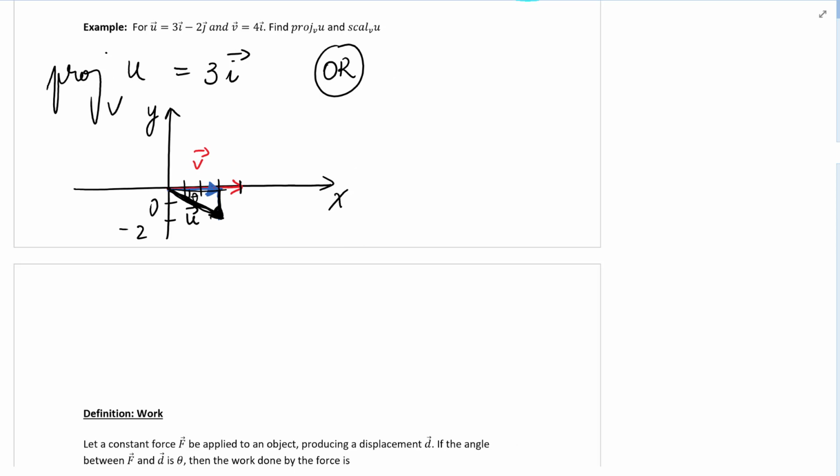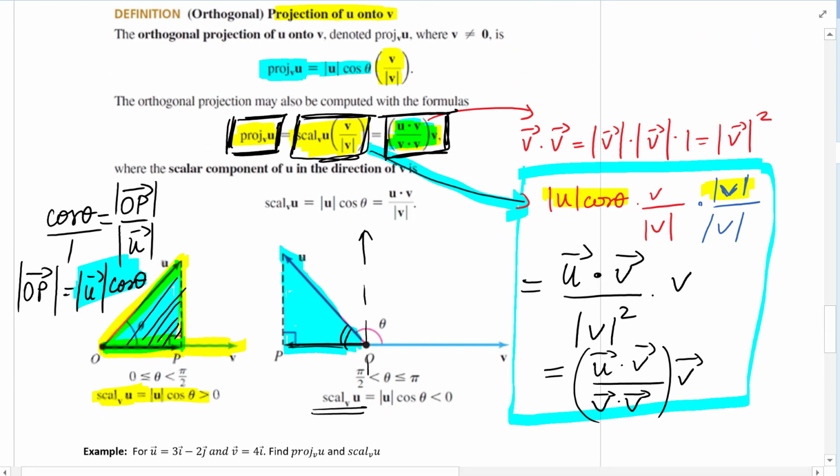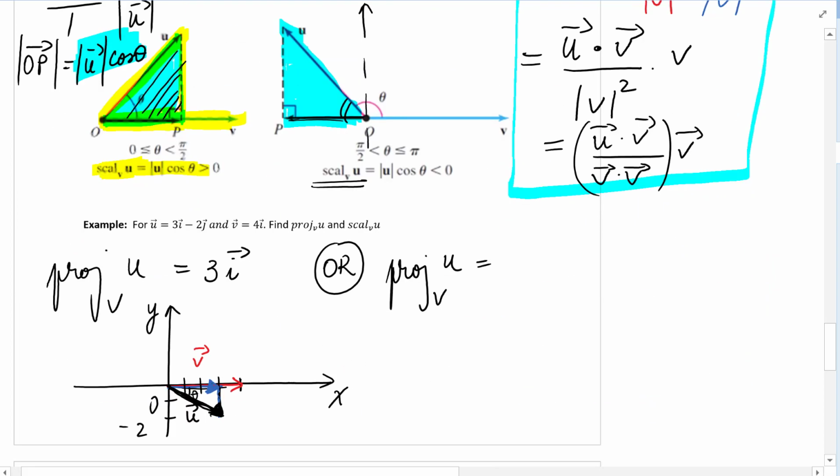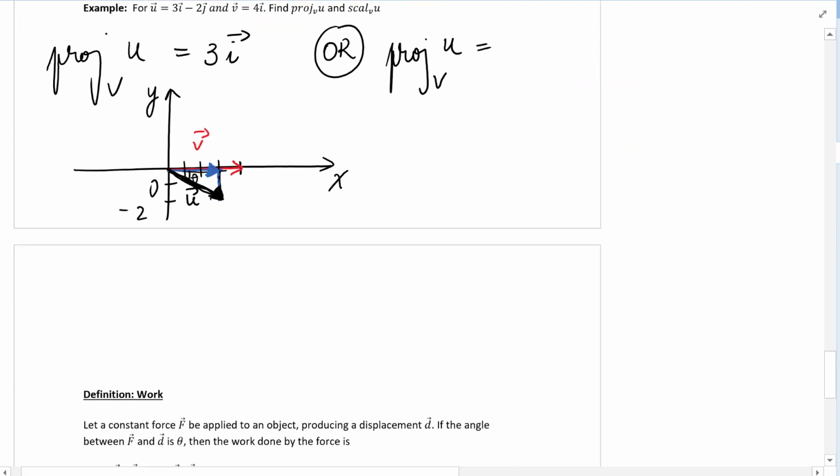Let's try using the formula. Projection of u onto v is the dot product of u and v over v dot v, times v. The first two are dot products and the last one is just multiplying the vector.